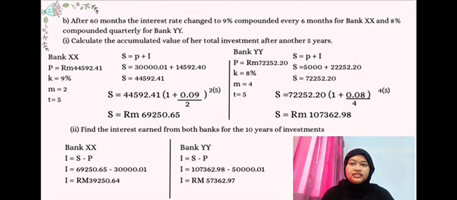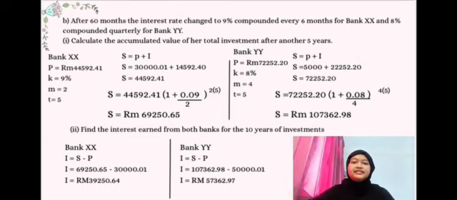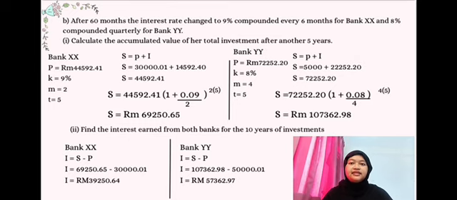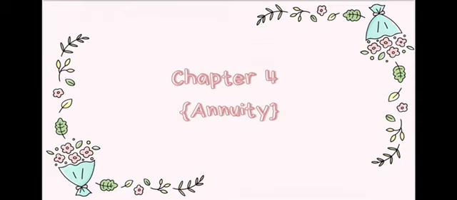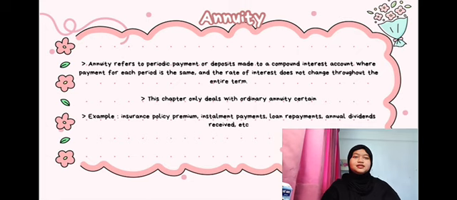So the answer is I equals 39,250 ringgit and 64 cents. For Bank YY, the interest earned is 57,362 ringgit and 97 cents.